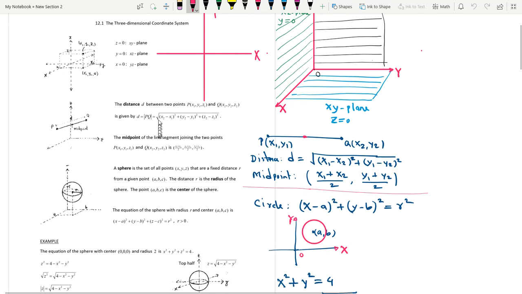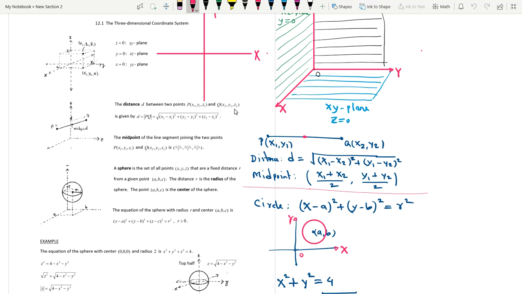Now to find the distance between 2 points in the three-dimensional coordinate system, suppose we have 2 points P and Q where the coordinate of P is x1, y1, z1 and coordinate of Q is x2, y2, z2.